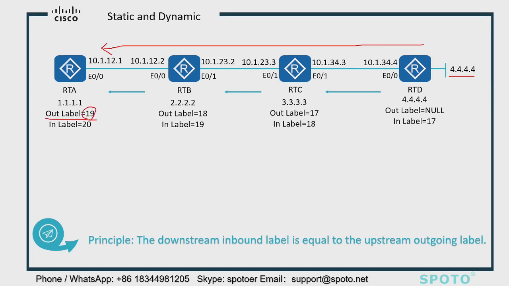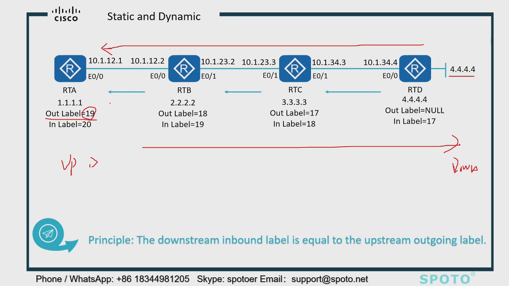RTA is the upstream and RTD is the downstream, because RTA wants to visit RTD. This path is the traffic flow, and this path is the label distribution path. And this path can be divided into upstream and downstream: this is up and this is down.